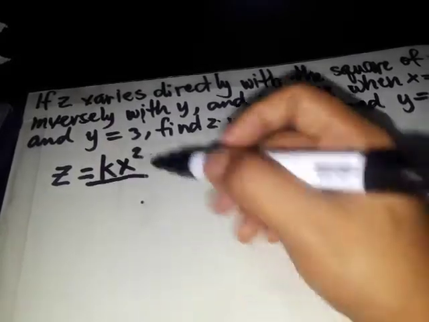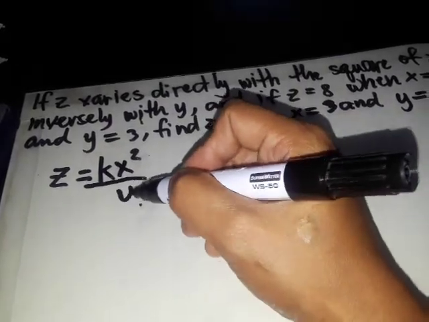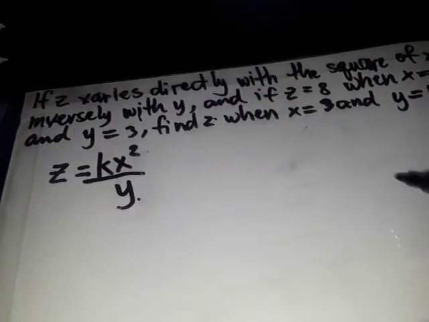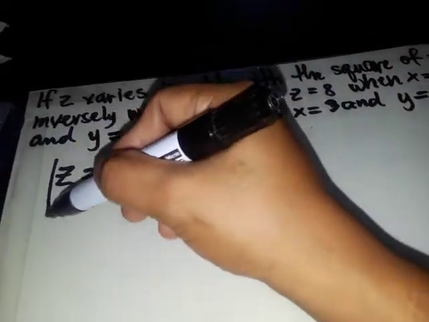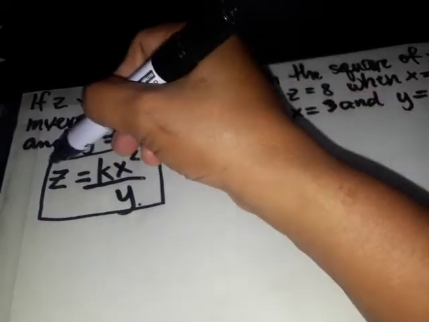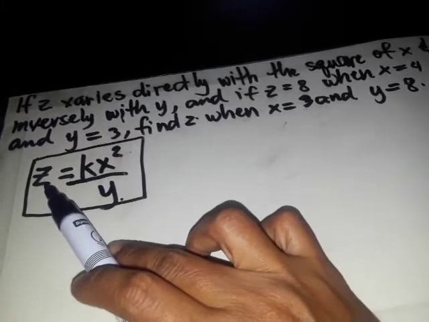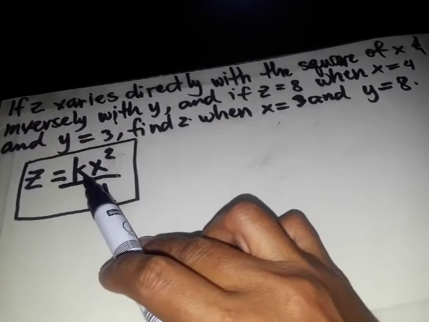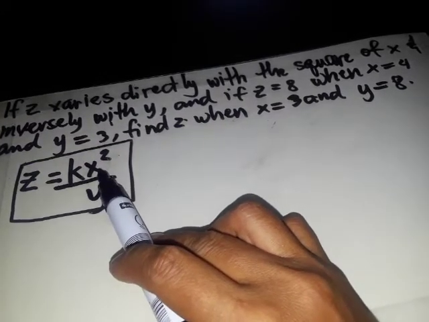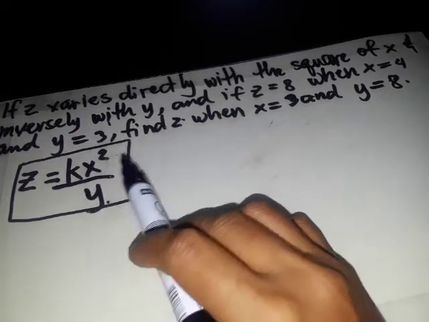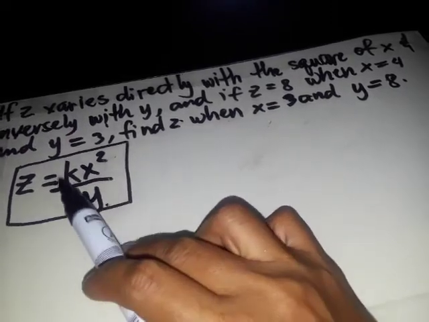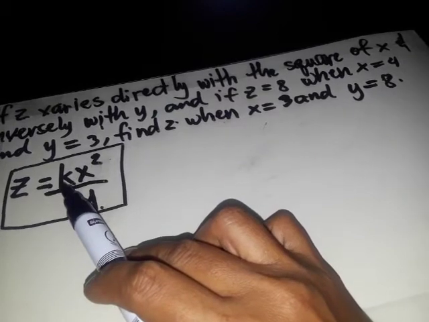Inversely with y. So, inverse baba with y. Okay, so ito na ang ating equation. Ulitin natin. Z varies directly with the square of x all over or inversely with y. So, yung k doon is our constant.